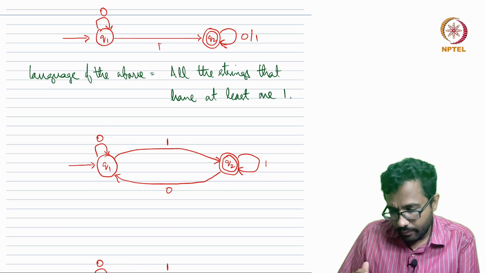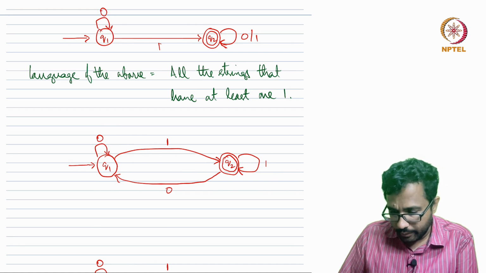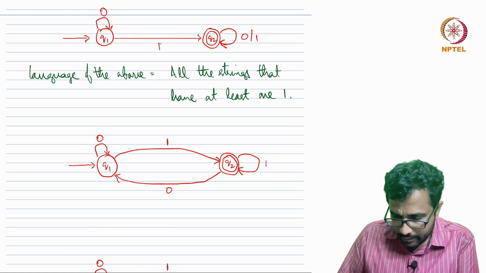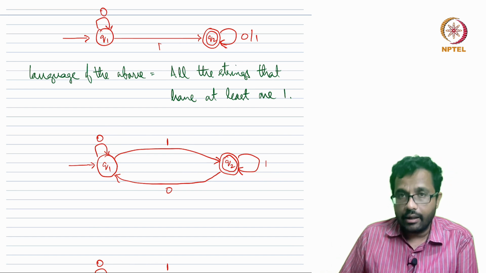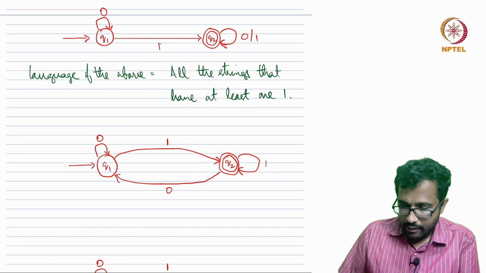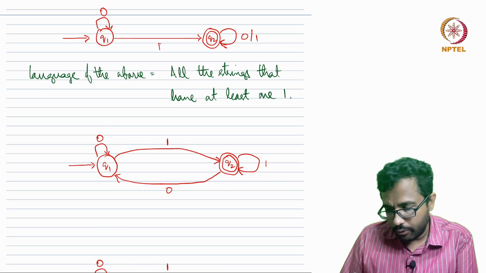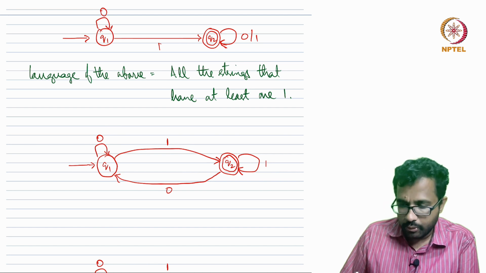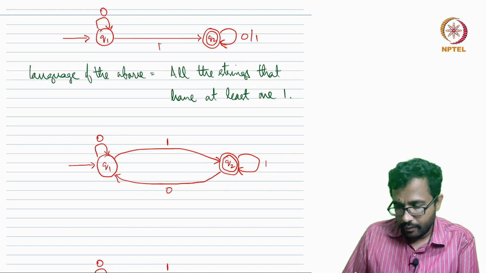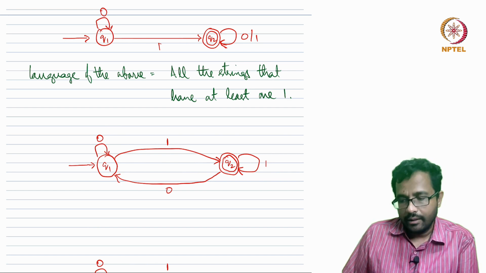Whenever you see a 0, you come to Q1. Regardless of where you were, if you see a 1 you move to Q2: from Q1 you move to Q2, and from Q2 also you move to Q2. Regardless of where you are, if you see a 0, you move to Q1.